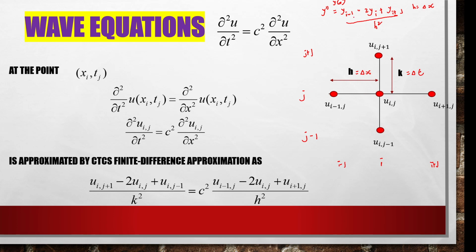Using a similar formula to y double prime in the ODE chapter, you have ui minus 1j minus 2uij plus ui plus 1j, divided by h squared. So that's what you obtain here.